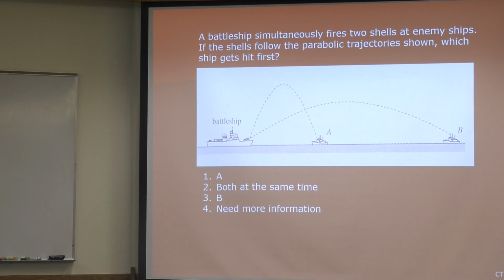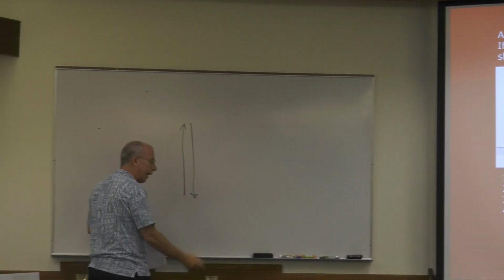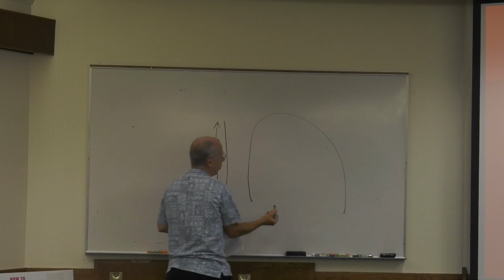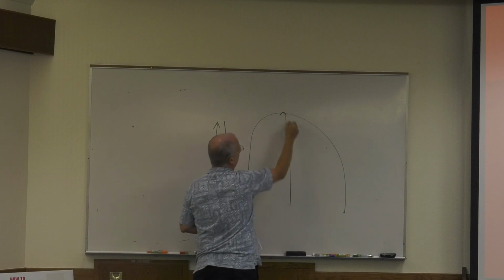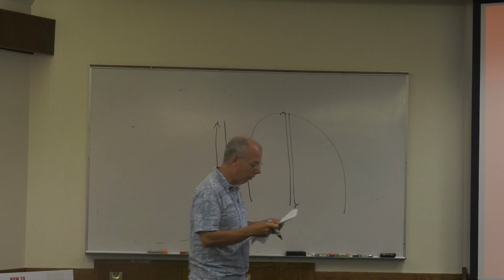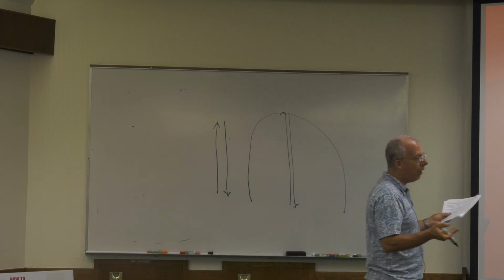What did we learn? That was I think chapter 2. We learned that the time up equals the time down, right? So that means that the time in the air is just twice the time up, or twice the time down. Agree? Okay. So which one is in the air the longer time?